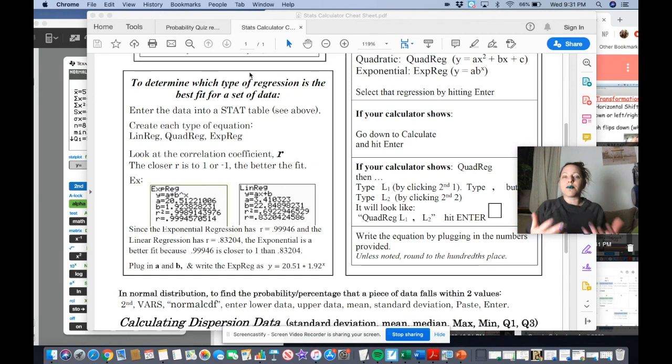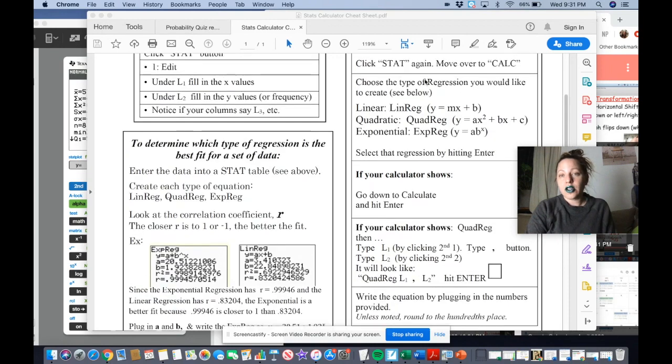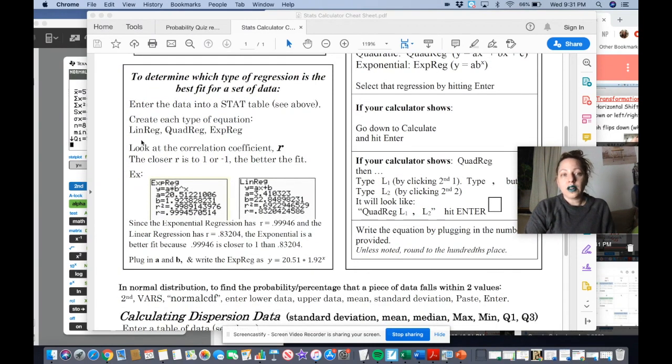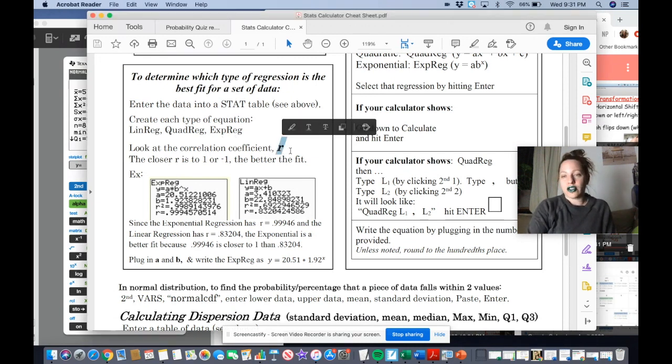So the way you do that is you're going to create each type of equation using the steps that it says right here. So a linear, LinReg, linear regression, quadratic, QuadReg, quadratic regression, an exponential, ExpReg, and you're going to look at the R. The R is the correlation coefficient.